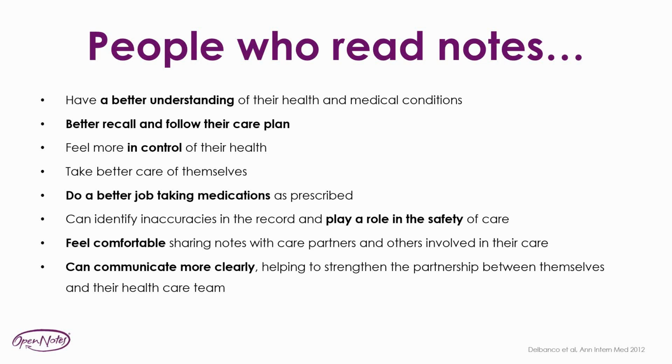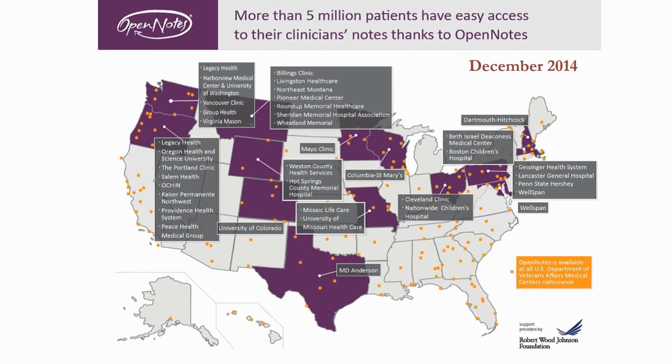They feel comfortable with accessing the notes, and they can communicate more clearly when they have the note, as well as the experience of having had the visit. So that summarizes what we know about open notes. And in the next slide, I'll turn it over to Amy, who will talk about the dissemination of open notes and particularly address the issue of the safety net population.